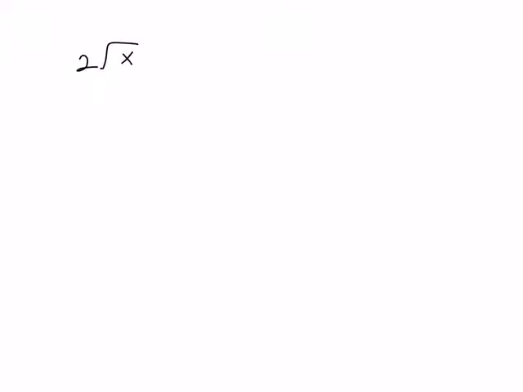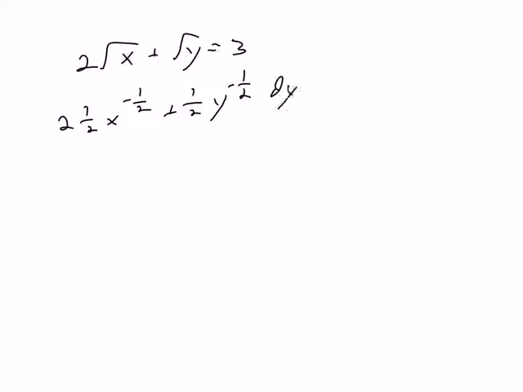2 square root of x plus square root of y is equal to 3. So we get 2 times 1/2 x to the negative a half plus 1/2 y to the negative a half dy over dx is equal to 0. Again, the reason this comes up is because we're taking the derivative in terms of x. We're taking dx of this whole thing.